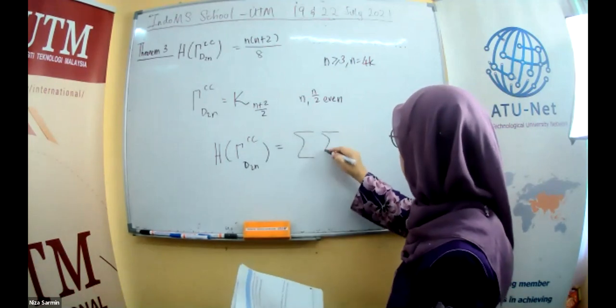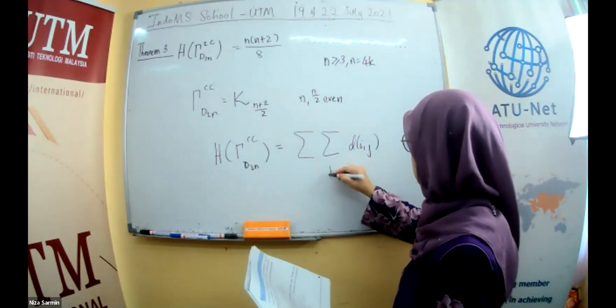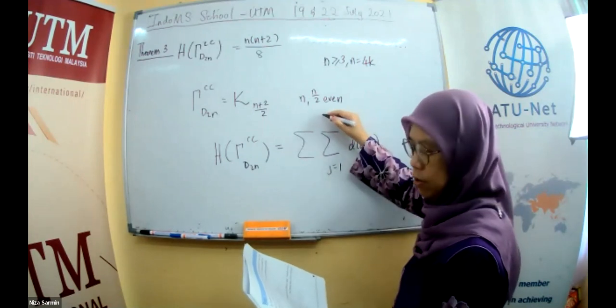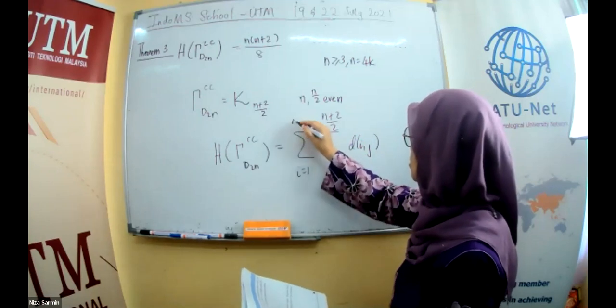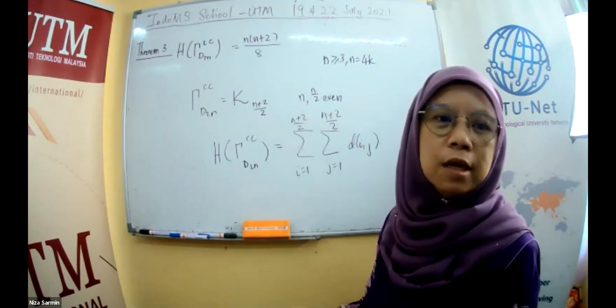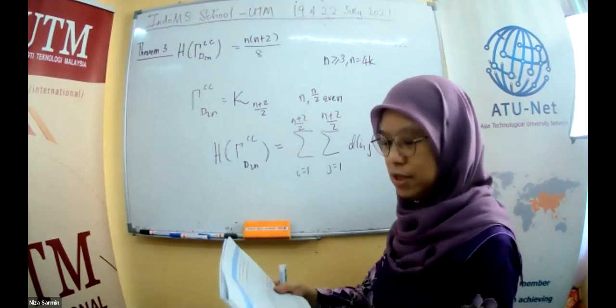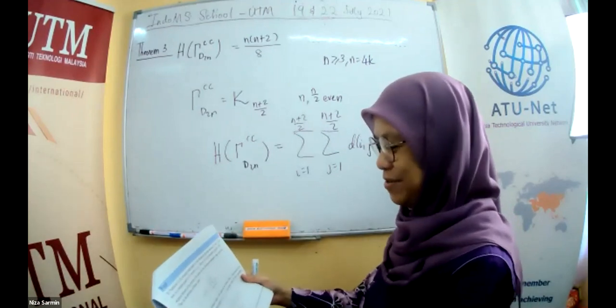we have just the distance. So how many? (n plus 2) over 2. I'm sure, Nidia, you will remember after this how many edges there are when you ask about the complete graph, right?